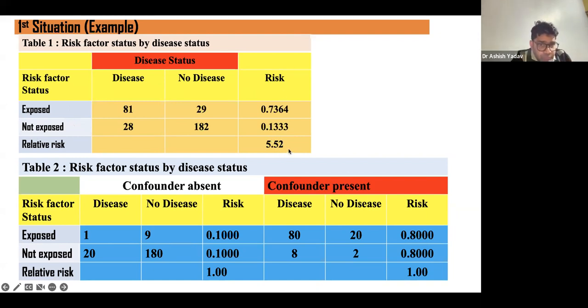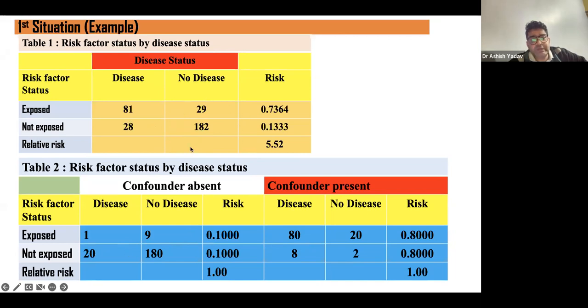Now later on we find that there is a variable which we feel is a confounding variable, and when we do a stratified analysis on the same data, you can look at 81, where 80 is here, 1 is here; 29, where 20 is here, 9 is here; 182, where 180 is here, 2 is here; 28, where 20 is here, and 8 is here.